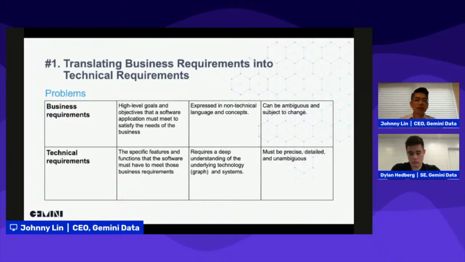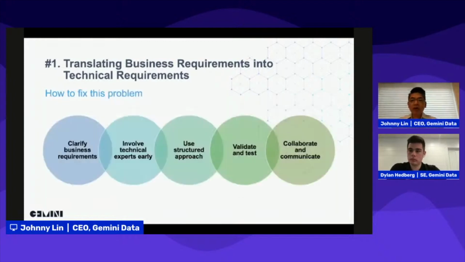So you will need to have the right people, the right process and the right tool that allows you to translate those business requirements easily into technical requirements. Otherwise, you will spend a lot of time trying to structure a development or engineering plan, which could be really complex and time consuming, right? So here are some of our suggestions to fix this problem, and I think this is applicable to basically any data analytic project.